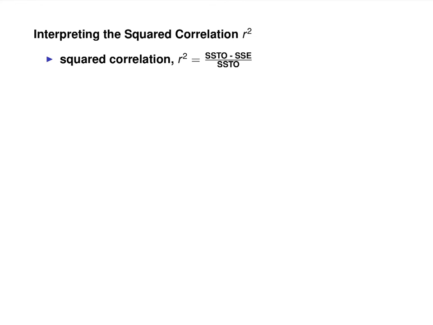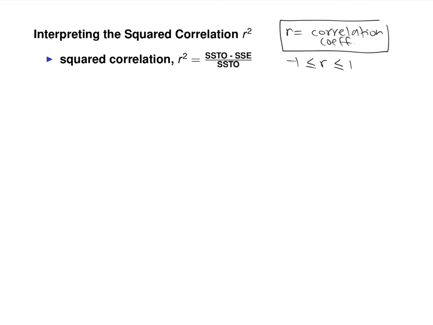Now, r is the number that is used for the correlation coefficient. And remember that r is between 1 and -1. And there is a really useful interpretation of r squared.